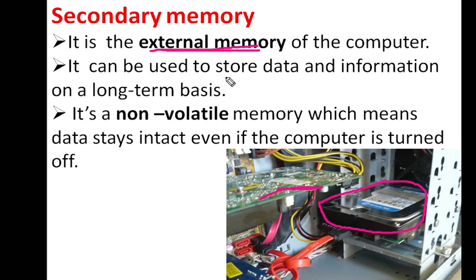It can be used to store data and information on a long-term basis, meaning it will store your data permanently, and it is also called non-volatile memory. Non-volatile memory means data stays intact even if the computer is turned off. After saving, your data still remains in your secondary device, that is external memory.